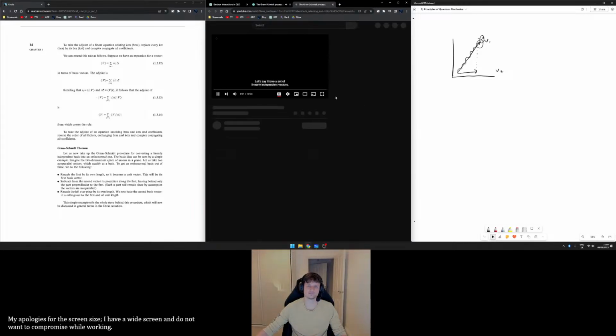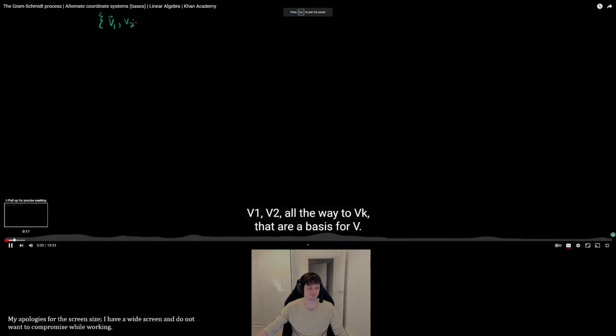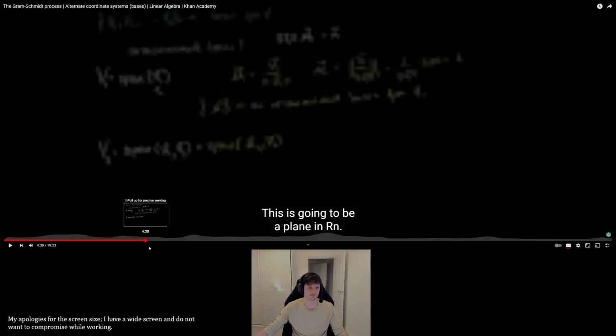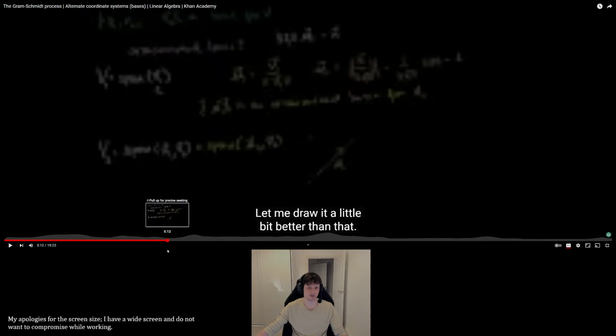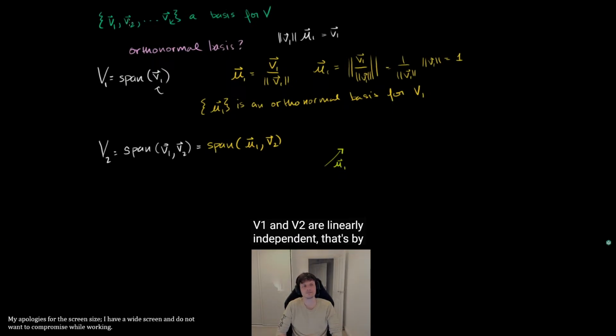Let's say I have a set of linearly independent vectors v1. This is going to be a plane in Rn, so let's just make our video board here, the plane. So we have u1, which is a unit vector. It has length 1, so that is u1. And v1 and v2 are linearly independent.